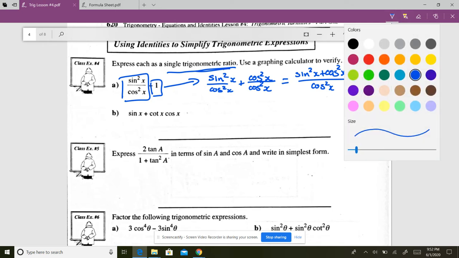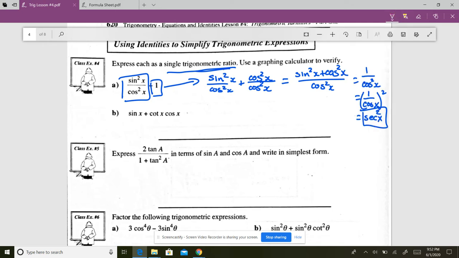Now, there is another way to do this question. The other way is you see sine squared over cos squared. That is the same as sine of x over cos of x all squared plus 1.